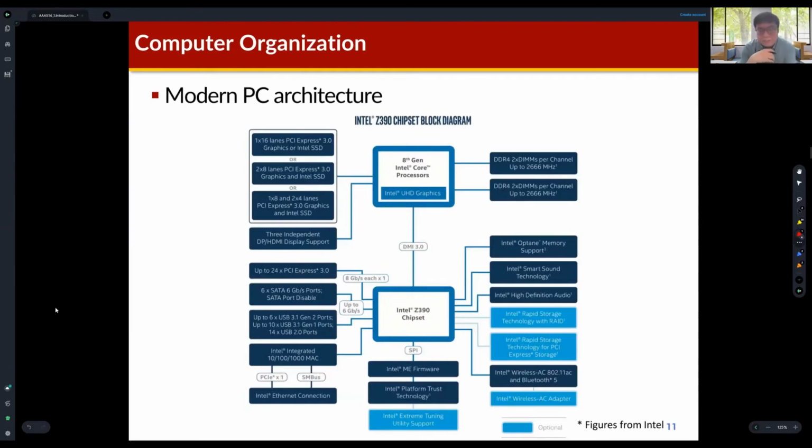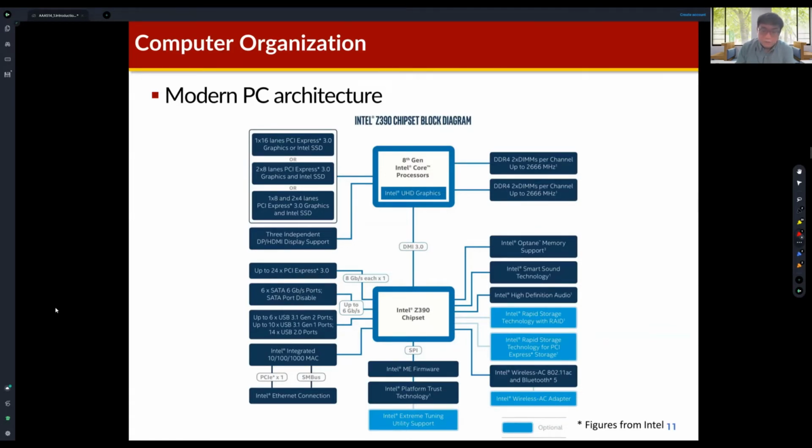But if you see the diagram of the modern motherboard chipset, then we can find the architecture of modern computer systems. As I mentioned, most modern CPUs include the North Bridge functionality.